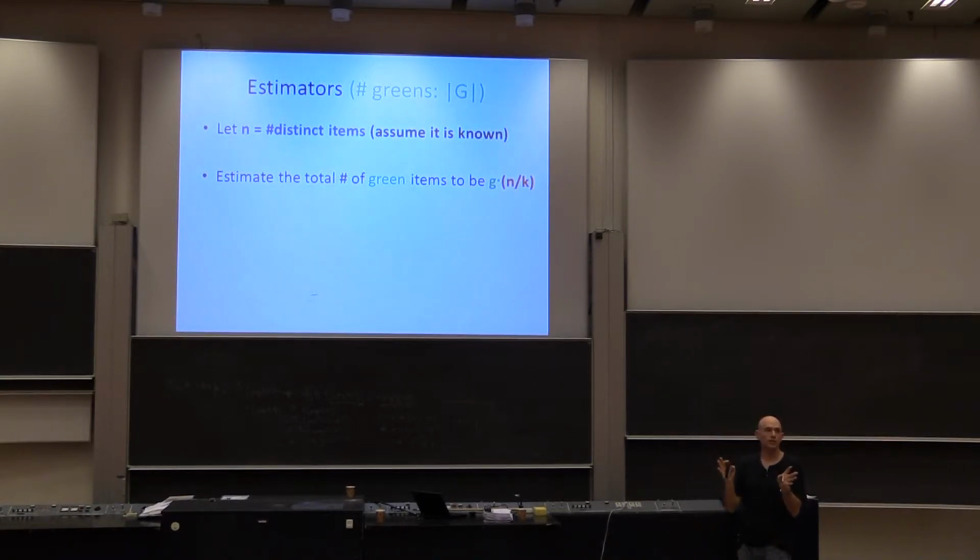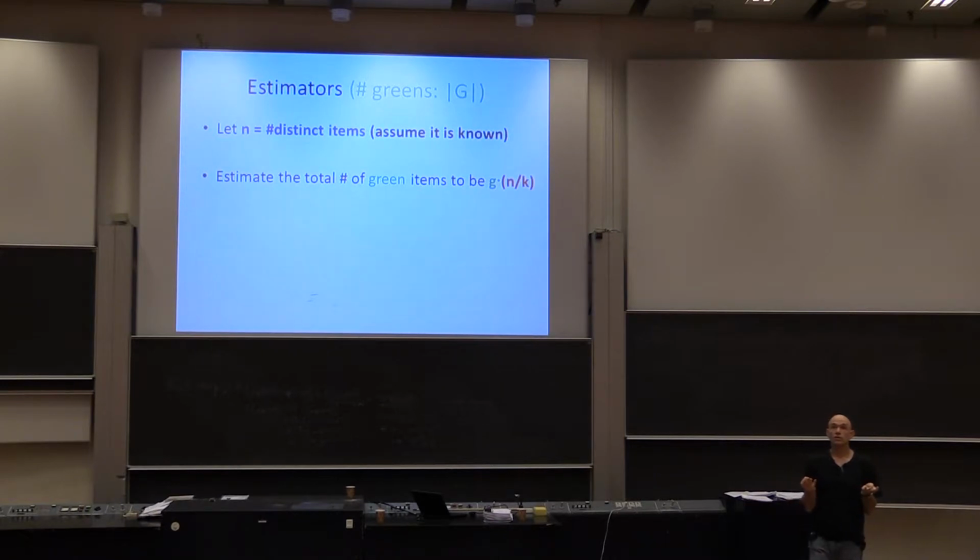Look at your sample. You have k items, the k smallest according to some hash function. And from this sample, I want to estimate the number of green items in the population, in the large set of distinct items. So what would you do?